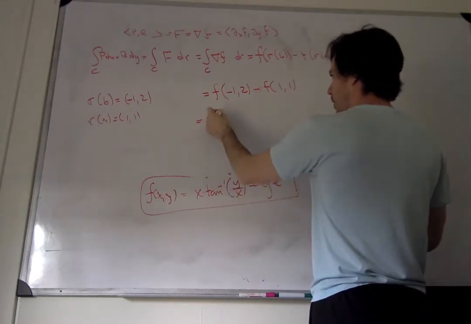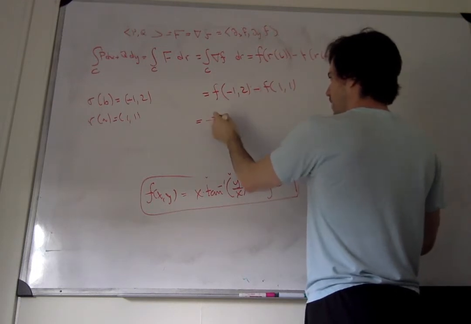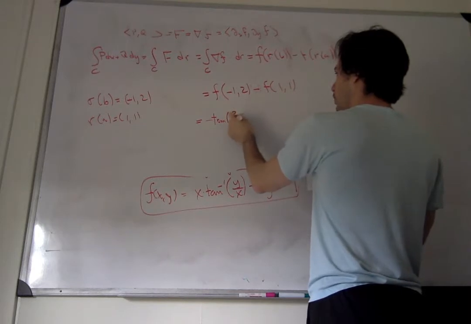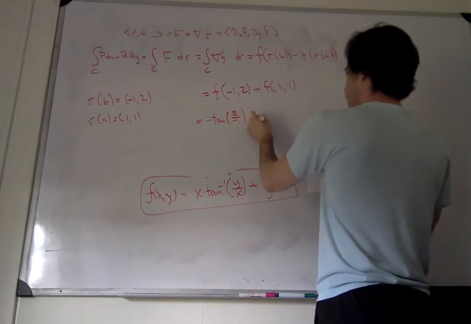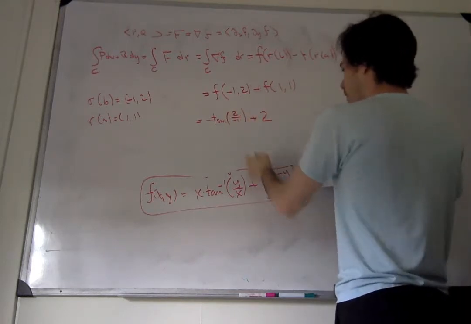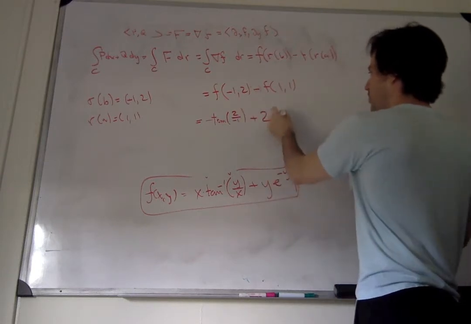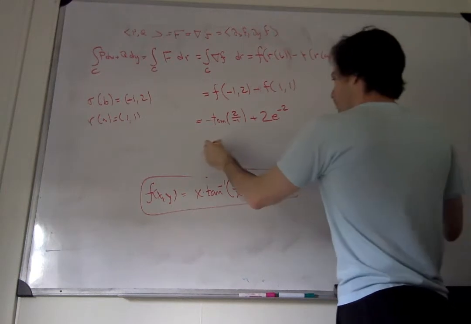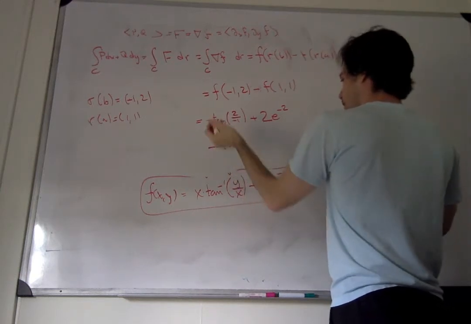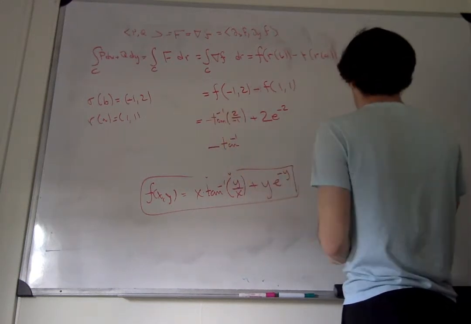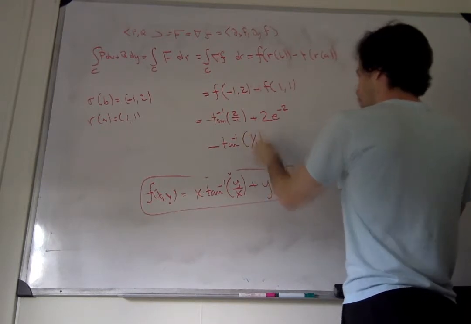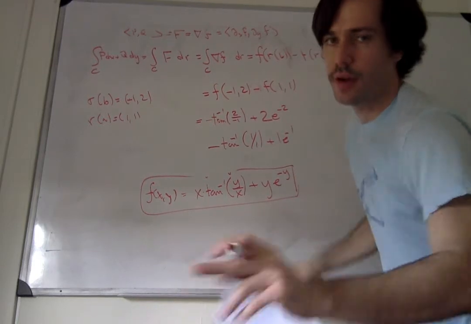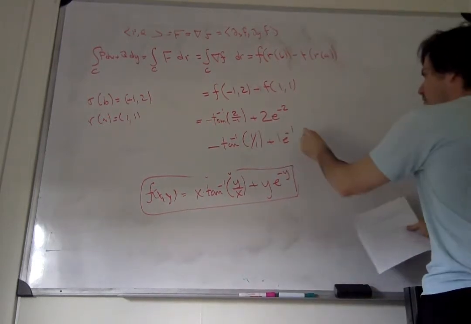Okay, so minus 1 times arctan of 2 over minus 1 plus 2 times e to the minus 2, minus arctan 1 over 1 plus 1 times e to the minus 1. Okay? Well, what is that equal to?